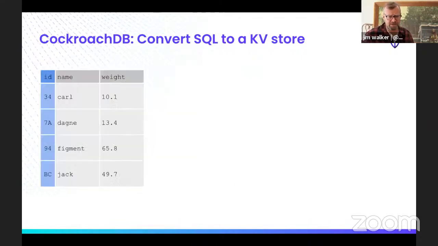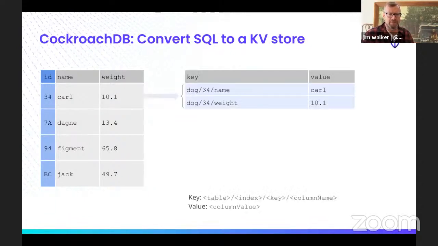Now, these four records, when they actually get stored to disk, are broken down into basically the key and then the values for each of the columns, right? And so the key is the dog table, and the key is, well, the ID 34, and then the column name is name, and under that name is Carl.